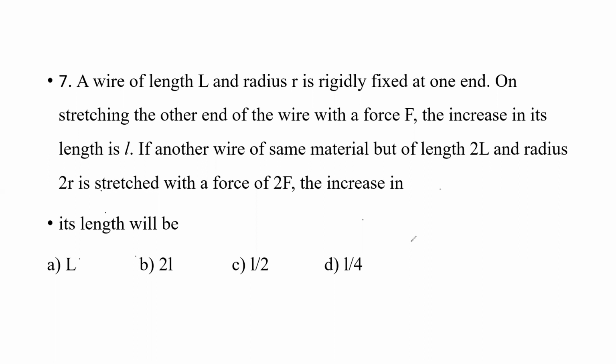So see here, we have the expression l is equal to F into L divided by pi R square into Y. Correct. So I'll take the ratio l2 divided by l1, it becomes F2 divided by F1 into L2 divided by L1 into R1 divided by R2 whole square.